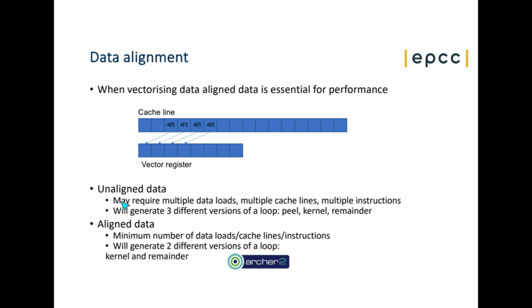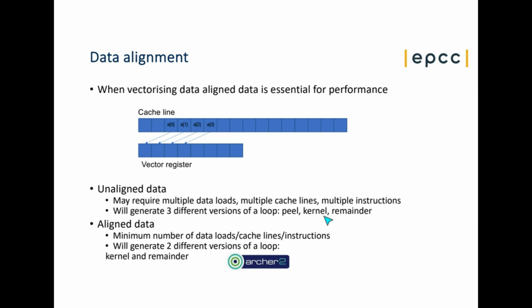If my loop actually starts here, then it'll have to generate some sequential instructions at the beginning, then a bunch of vector instructions, and then some more scalar instructions at the end. So you can end up with 3 different versions of a loop, and also with having to do multiple loads.